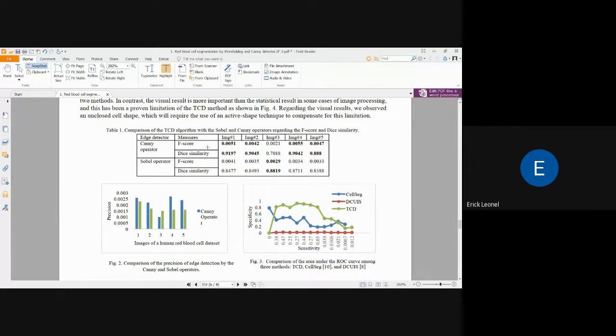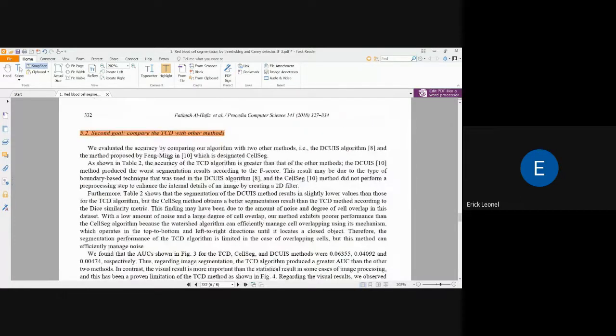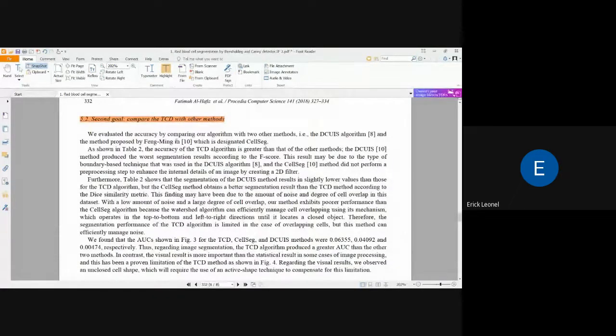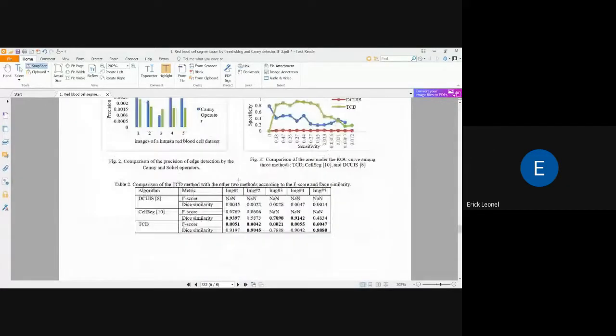The second goal compares the TCD with other methods. According to the F-score and Dice similarity, as shown in table 2, the accuracy of the TCD algorithm is greater than the other methods, that is, the DCU and ICE methods produced worse segmentation results according to the F-score.